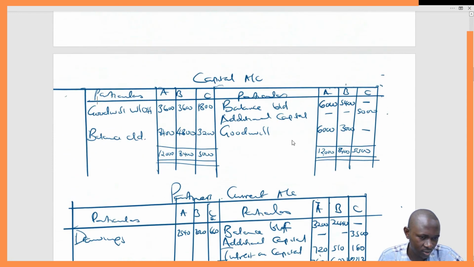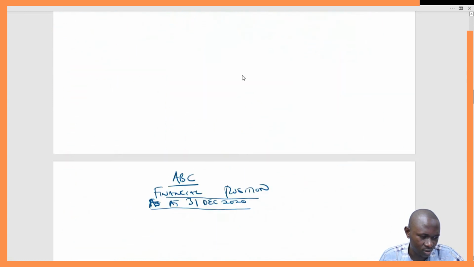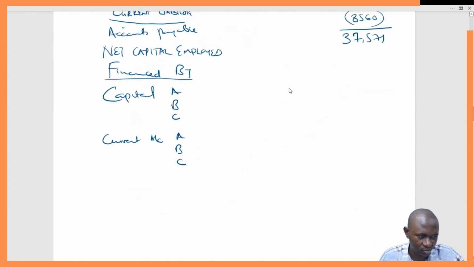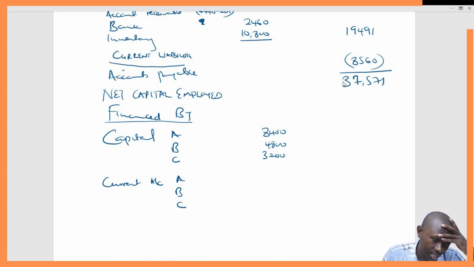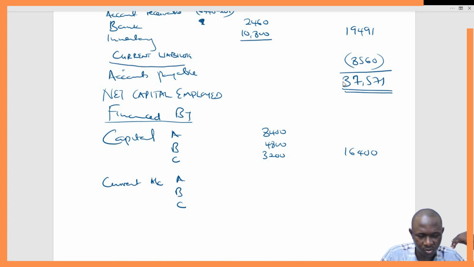Capital account, 8448 and 32. The total is 16,400. This is supposed to be the closing balance. So this is 16,400, and then current account.